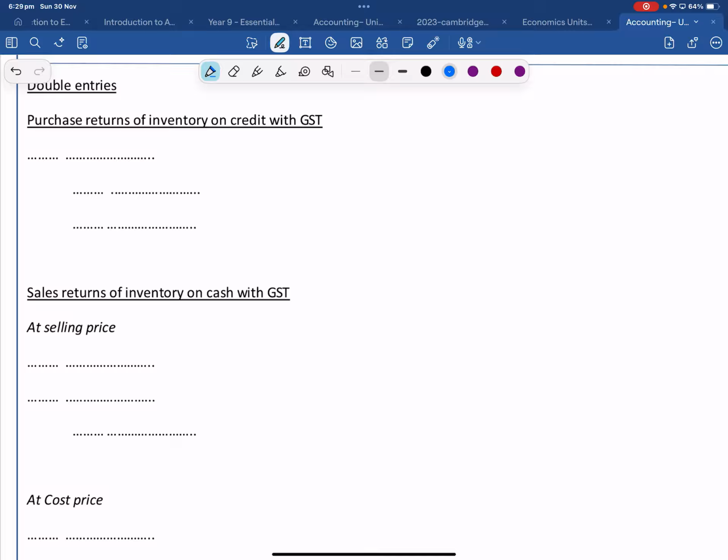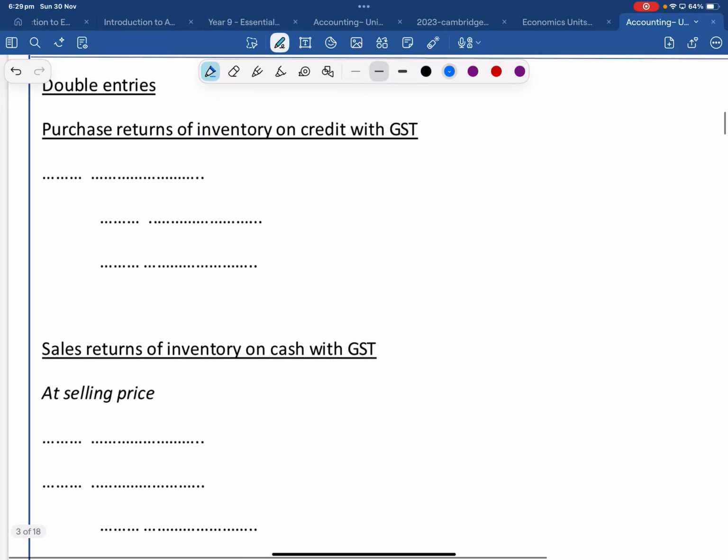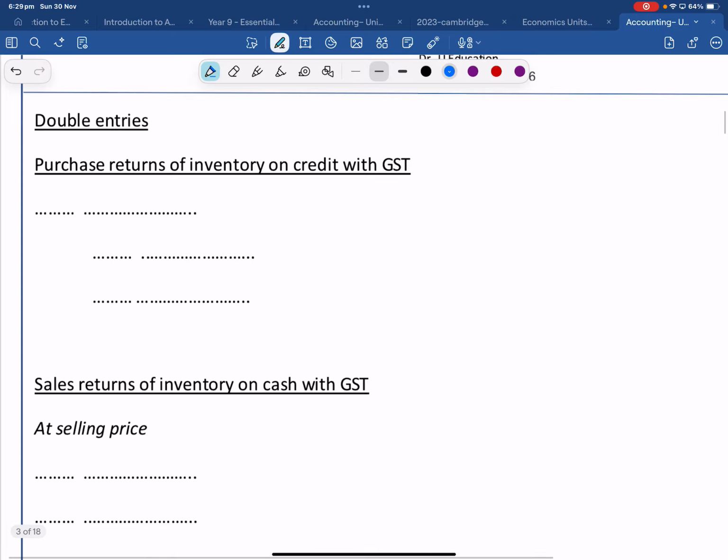Purchase returns. Take down the double entry for purchase returns. Do you remember purchase returns? We did in unit 2, especially in the inventory card. Don't worry. This one is the exact reversal of the double entry that we did for the purchase of inventory on credit.